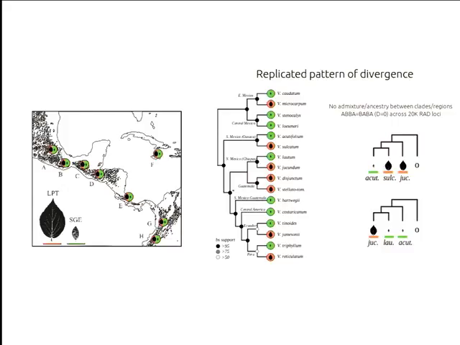Alternatively, if the true tree was that the big leaf species go together, and this one has just introgressed with a small leaf species a lot, then when we apply this test, we would find significant evidence of these two sharing more alleles with each other than with this one. It would not actually be evidence of introgression that we're picking up, but evidence of their true shared ancestry, which would appear as introgression when our topology is incorrect.